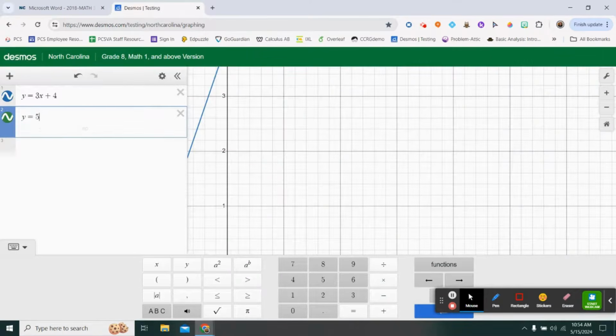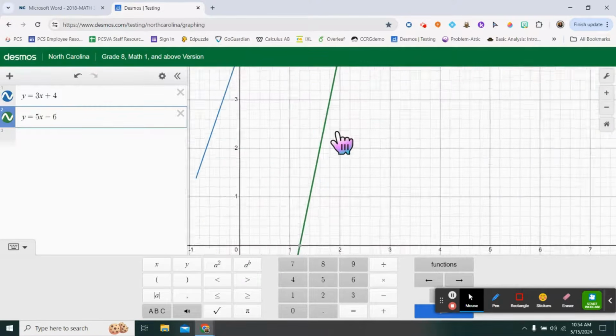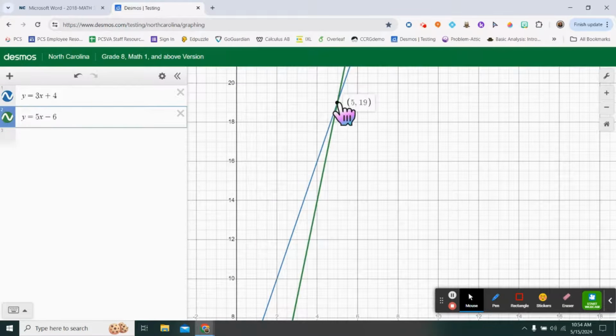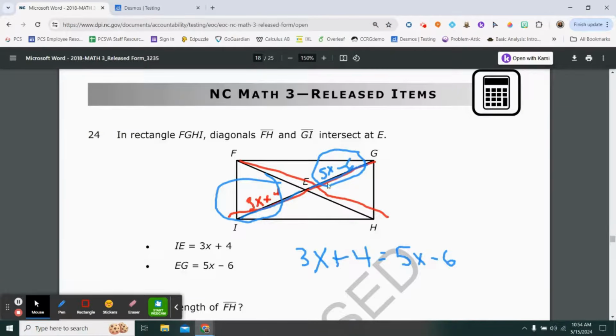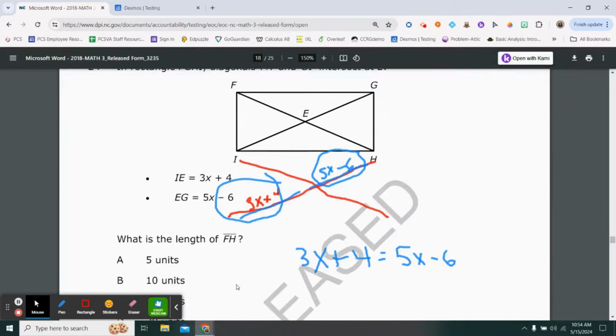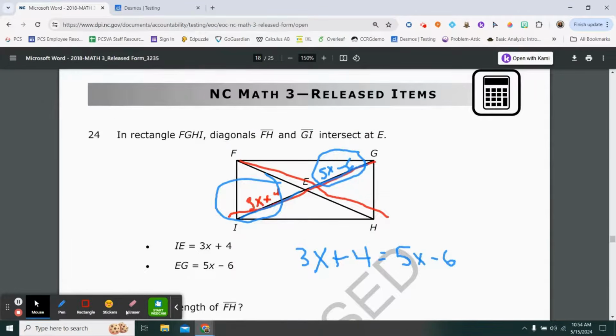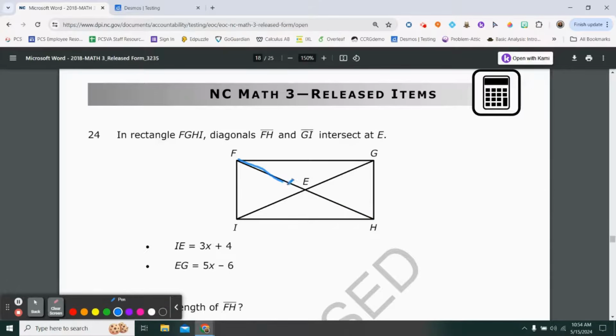5x minus 6. Click where they intersect. I do some zooming. And the answer is the x value, which is 5. That's the answer for x. It wants the length of FH, which is the whole piece, because it's asking me for this whole piece, which is the same as this whole piece.